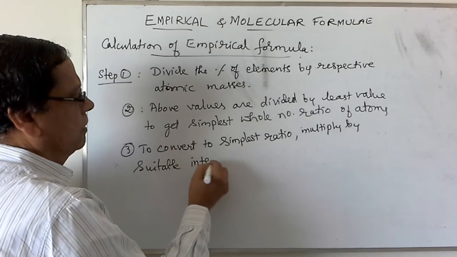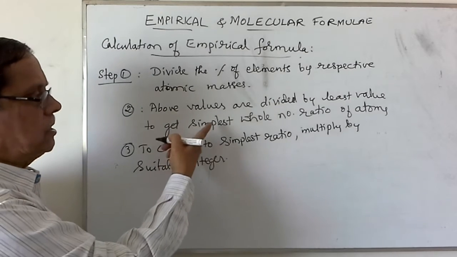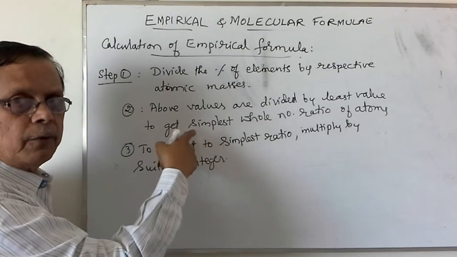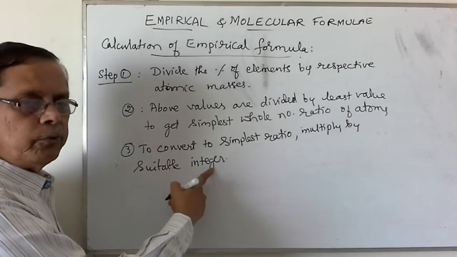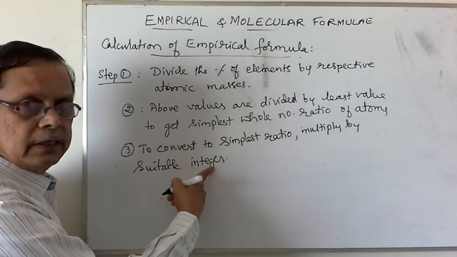Suitable integers may be 1, 2, 3, 4, etc. So that this whole number ratio, if not obtained in the second step, should be converted to a whole number ratio by multiplying with suitable integers.